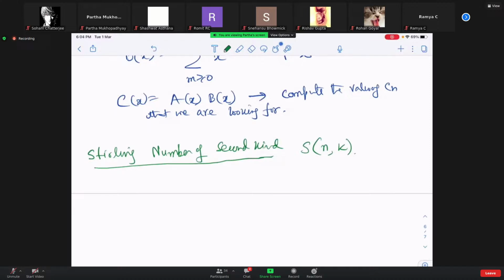The number of partitions of n into k parts, like k identical boxes, k non-empty boxes. That's right. So now it is kind of interesting to study these generating functions.